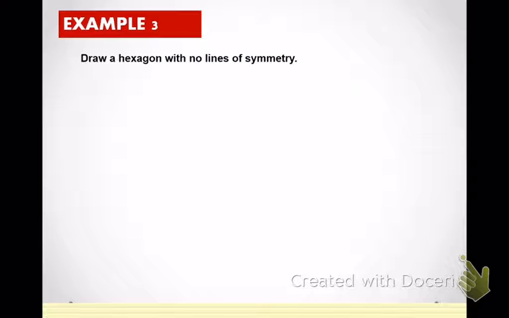Draw a hexagon with no lines of symmetry. Go ahead and attempt to do that, and then I'll put a figure up on the screen. A hexagon is a 6-sided figure, with no lines of symmetry. So obviously it can't be regular.